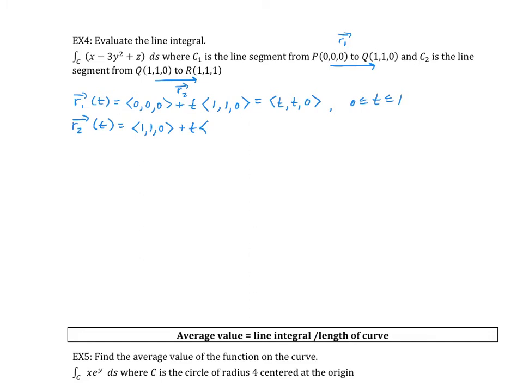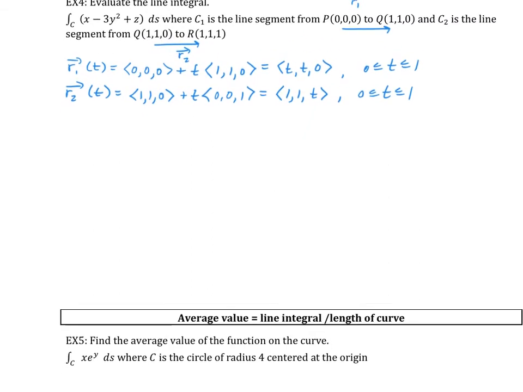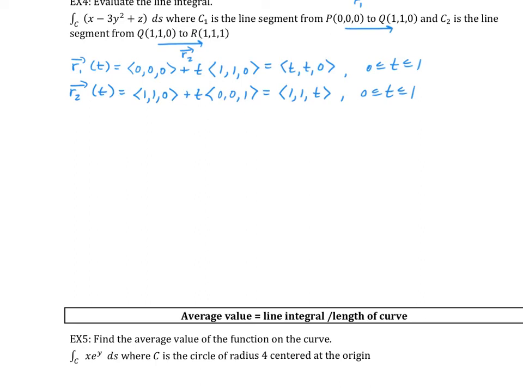The direction vector is going to be R minus Q. So that's going to be 0, 0, 1. Or in other words, this would be 1, 1, t, where my t values are also going to go from 0 to 1. So again, if this were an application problem and this was a path of an object, I would have to define my second curve so that my t values started at 1. So that would change it a little bit. But in this case, I don't have to worry about it.